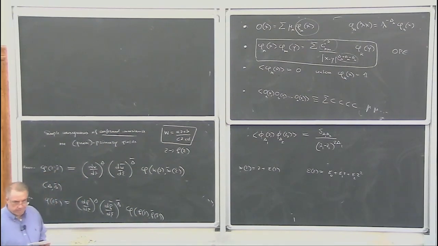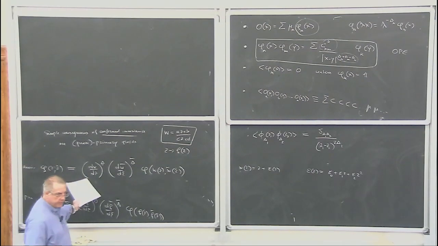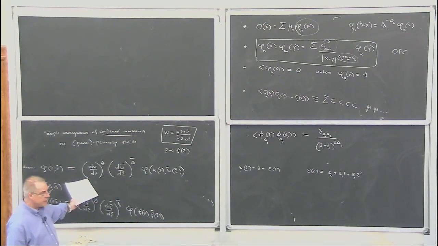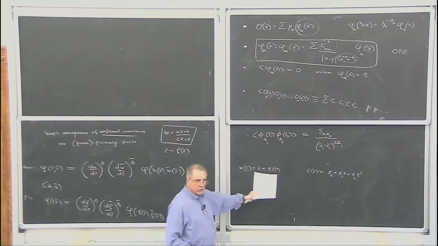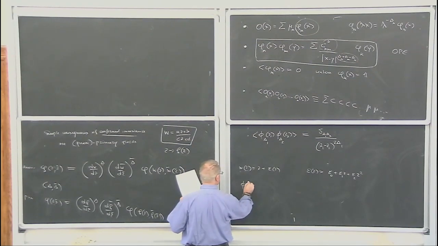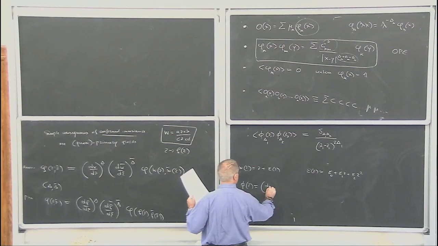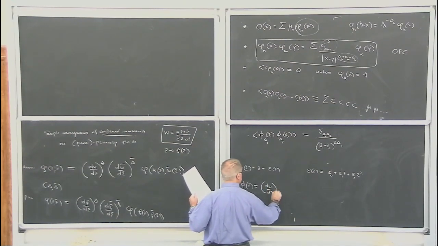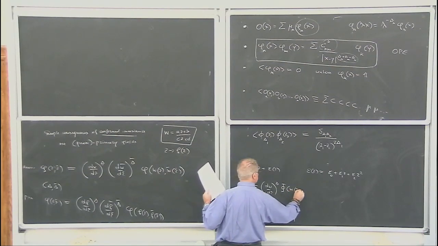So at this point, let me take this definition and see infinitesimally how a quasi-primary field is going to transform if I change my coordinate in this way. So what I'm going to do is: phi of z is equal to d omega over dz to the delta, phi of omega of z.